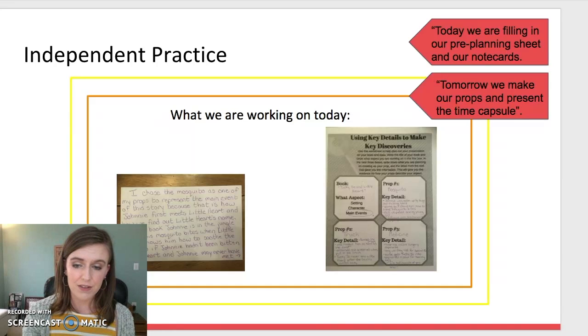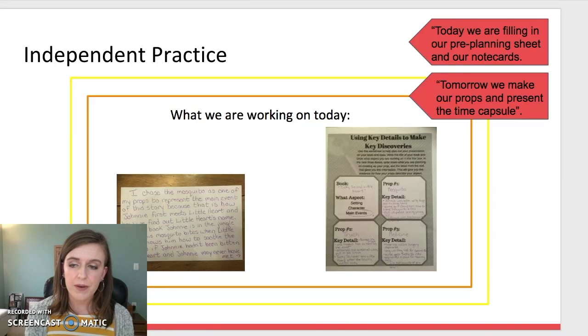You're going to put the title of your book and the aspect that you're focusing on, and that's going to help you plan out what your prop is and the key detail that helps you justify why you chose that prop. And so we're going to be working on that.